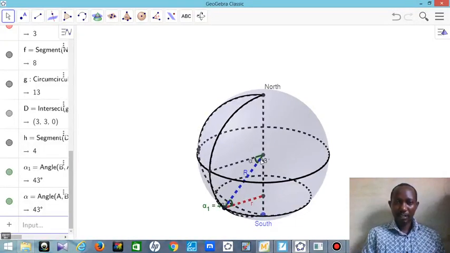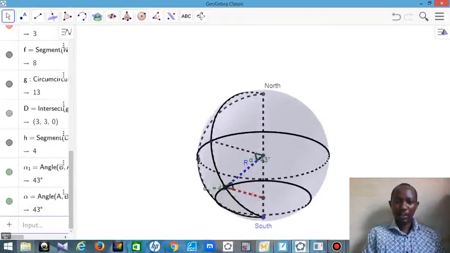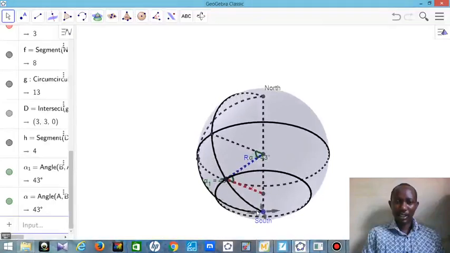Then you can also see the alpha, the angle of latitude from the center of the earth to the circumference that forms the parallel of latitude. If I put it under like this, I think you can see it clearly. This is towards the south. This is the radius we are talking about, the radius of the parallel of latitude. Then this is the radius of the sphere.